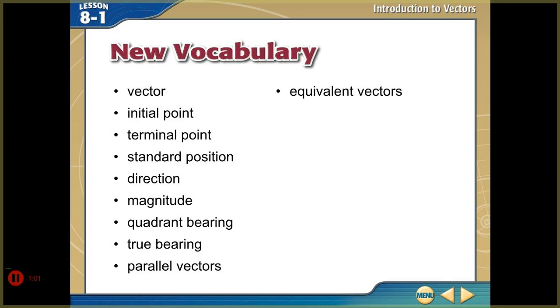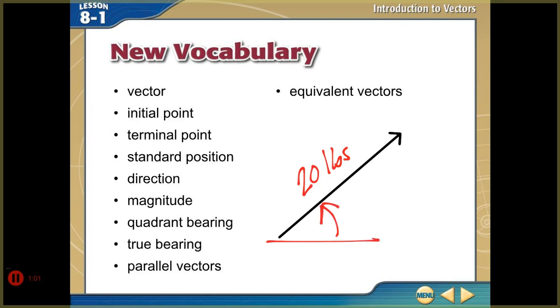If I have something that has a magnitude, something like 20 pounds of force, and it's in some direction, say 40 degrees, then that becomes a vector. We represent them usually with arrows in 2 dimensions.